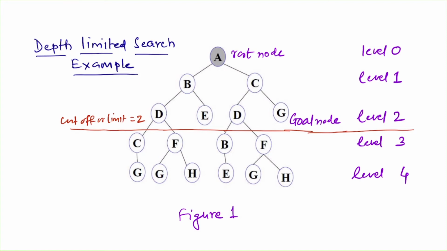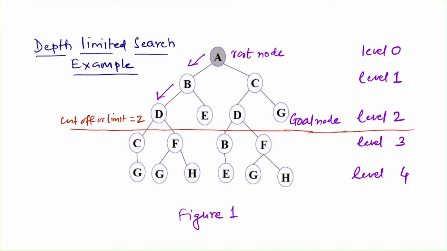So we'll have the path from A to B. Then from B, it will go to D. Now D and E will be put in the beginning of the fringe. So at D, we check for the depth. Now depth is equal to the limit because D is at level 2. So we'll not expand D.